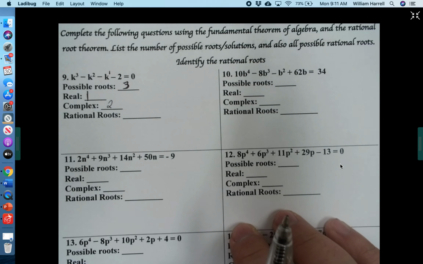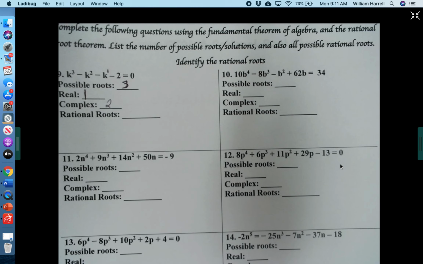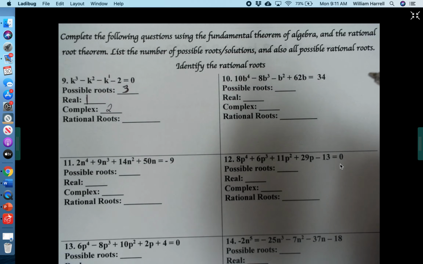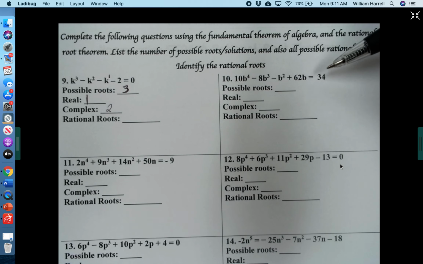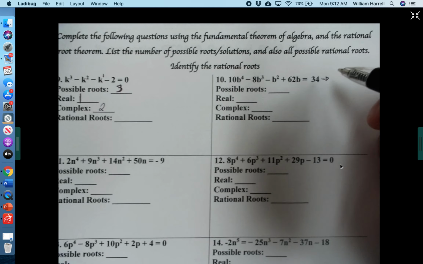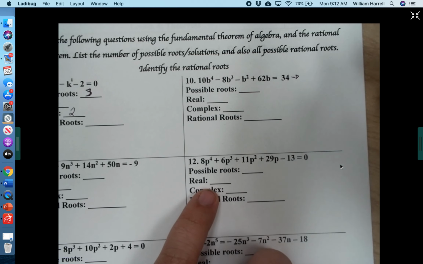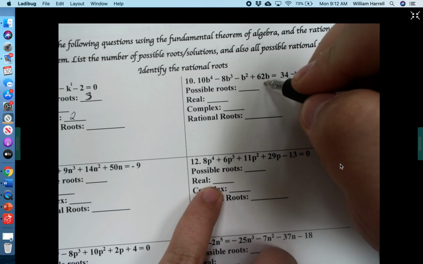All right, so in number 10, try this one and see if you can write down or find first how many possible roots there are. Again, very quickly, 4, 3, 2, 1. Now I notice this isn't equal to 0, so I need to work on this a little bit. That will allow me to put it in y equals. So the way I do this is subtract 34 from both sides.